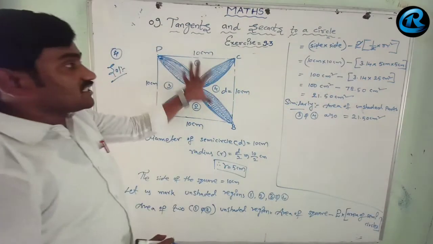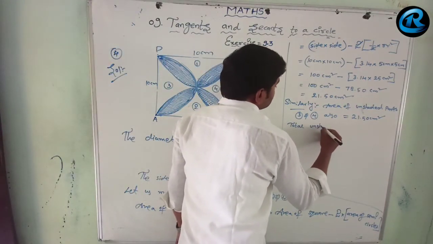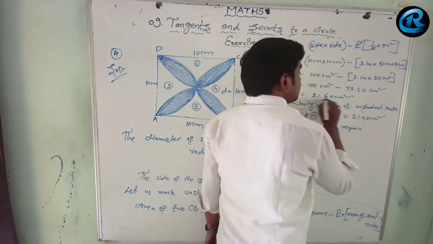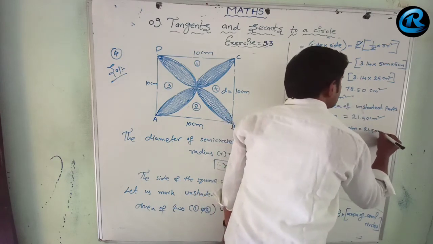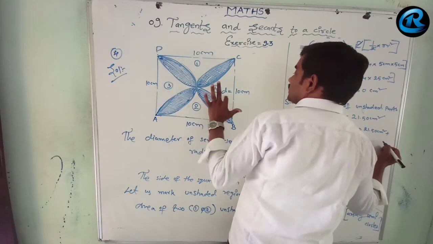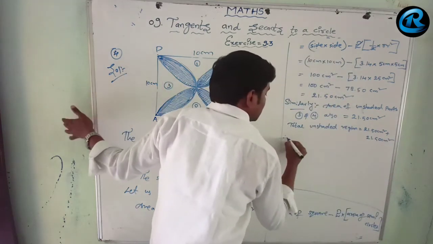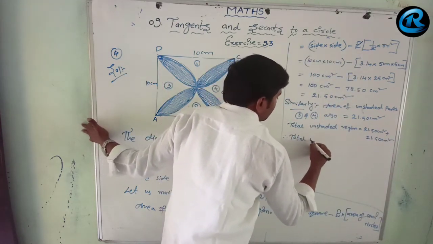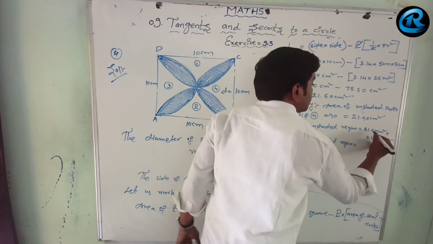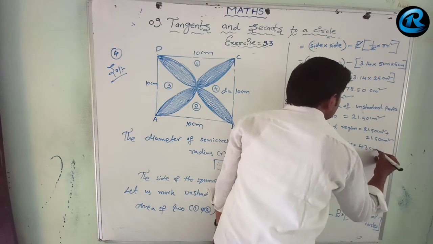Then the total unshaded region is equal to this 21.50 centimeter square plus 21.50 centimeter square. This is again 21.50 centimeter square. Then the total unshaded region is equal to 21 plus 21, 42, plus 0.5 plus 0.5, 43 centimeter square.